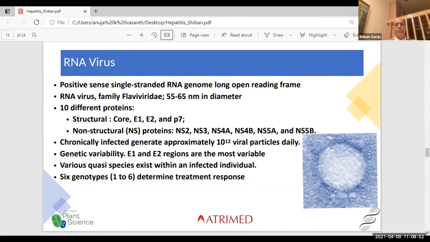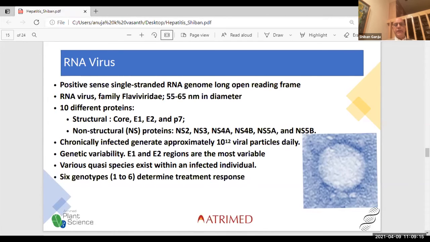The possibility is very high. So each person is not infected with one uniform virus, but with a quasi-species. He has multiple variations of the same virus, which happens during the replication process.